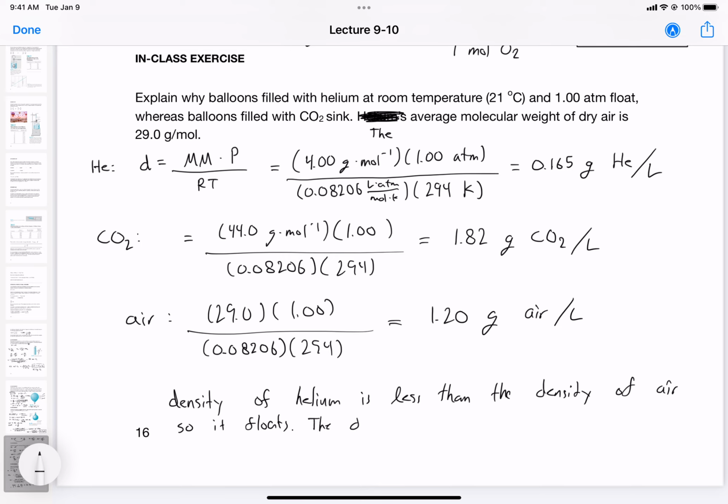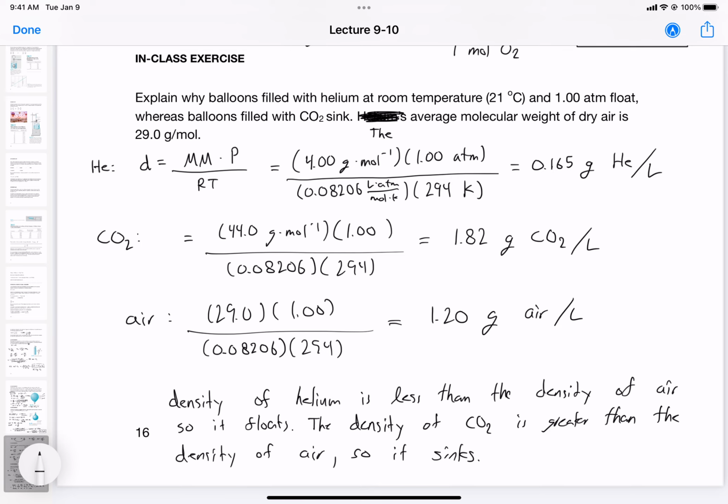The density of CO2 is greater than the density of air, so it sinks. All right. So that's how we would analyze density.